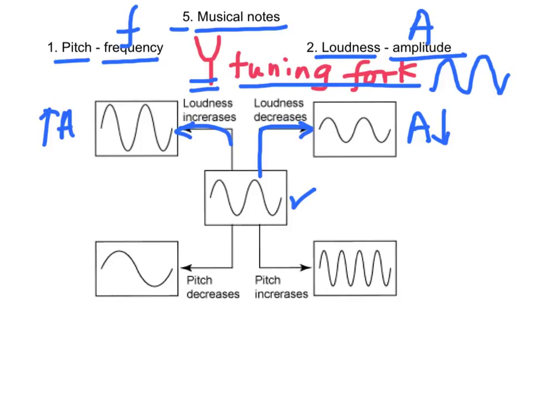If we increase the pitch of the sound wave, then we have a greater frequency. However, if we decrease the pitch of the musical note, then the frequency of the wave will decrease.